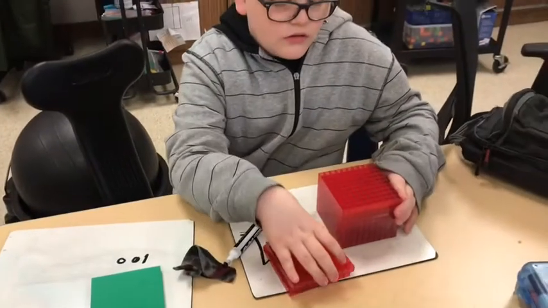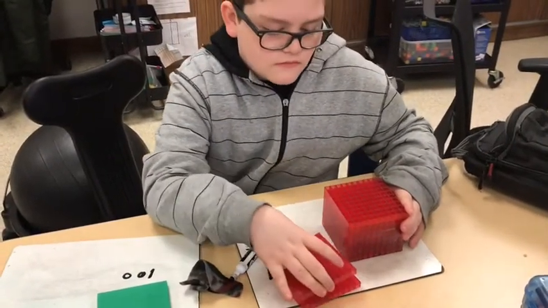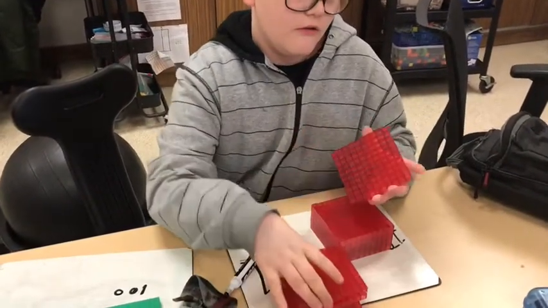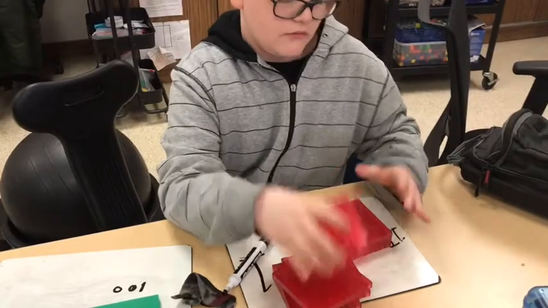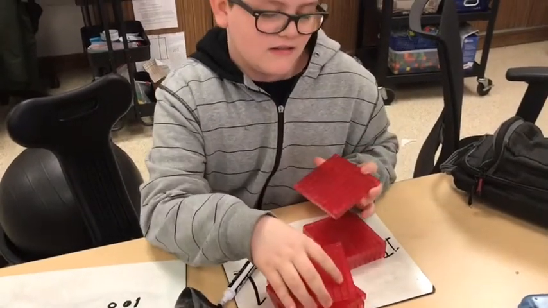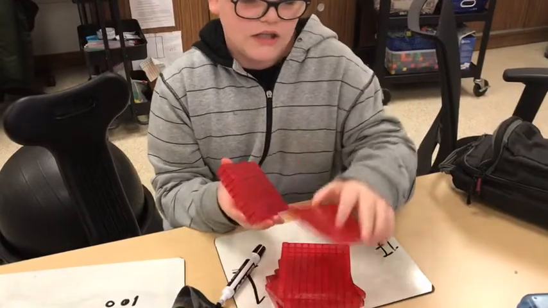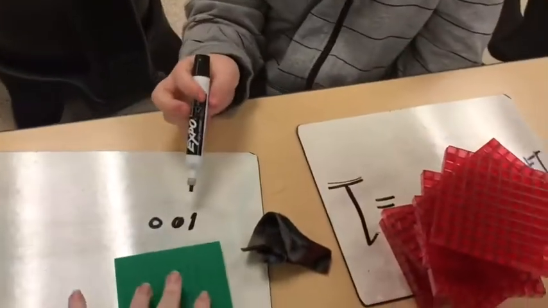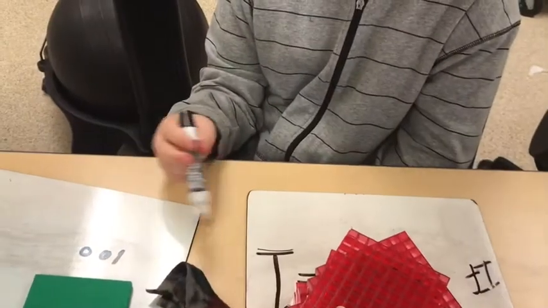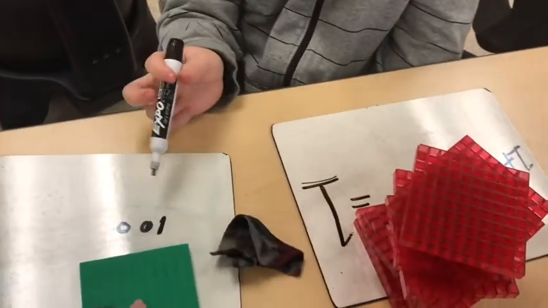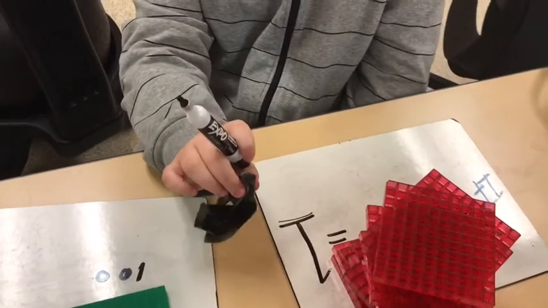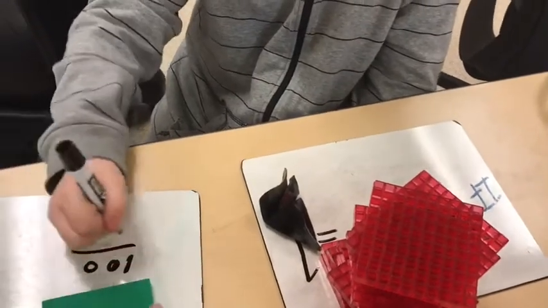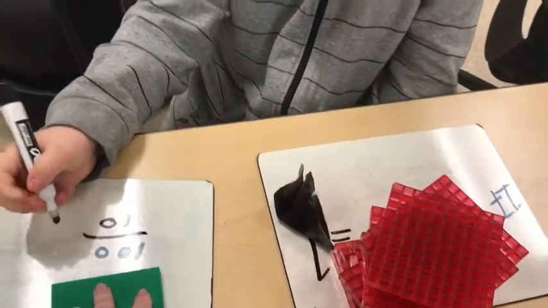So 1, 2, 3, 4, 5, 6, 7, and 8, 9, 10. So 10 of this size piece makes the whole, right? Yes. So this must be 1 piece out of a whole. Out of how many pieces that make the whole? Of 10. But you said it's 1 piece out of 10 pieces.